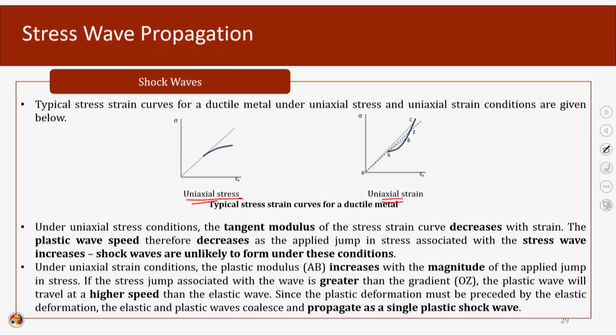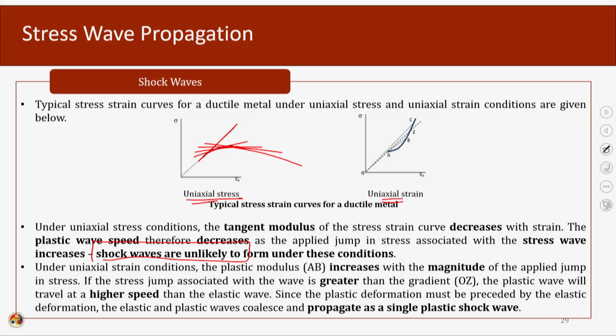It means that as the strain increases, this tangent modulus will keep on decreasing. The plastic wave speed therefore decreases as the applied jump in the stress associated with the stress wave increases. So, under these conditions there is an unlikely chance that shock waves are created.